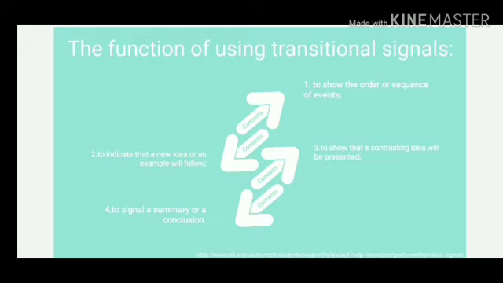For example, in this case and specifically. Next is to show that a contrasting idea will be presented. For example, still, even so, and but. And the last one is to signal a summary or conclusion. For example, in conclusion, in other words, and therefore.